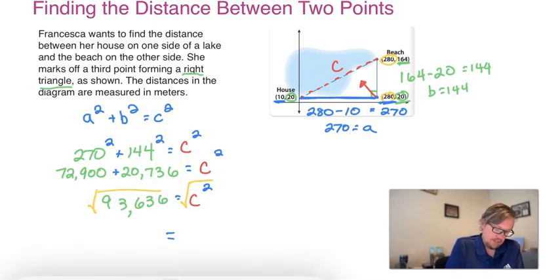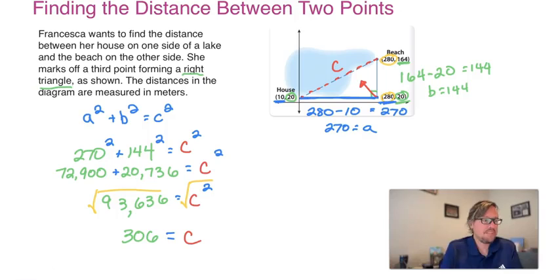The square root of C squared is C. And then I'll use my calculator for the simple part, which is 93,636 square rooted, which is 306, obviously. So 306 is what the calculator tells me the value of C is. I mean, clearly, everybody's memorized their squares up to 306 squared, right?